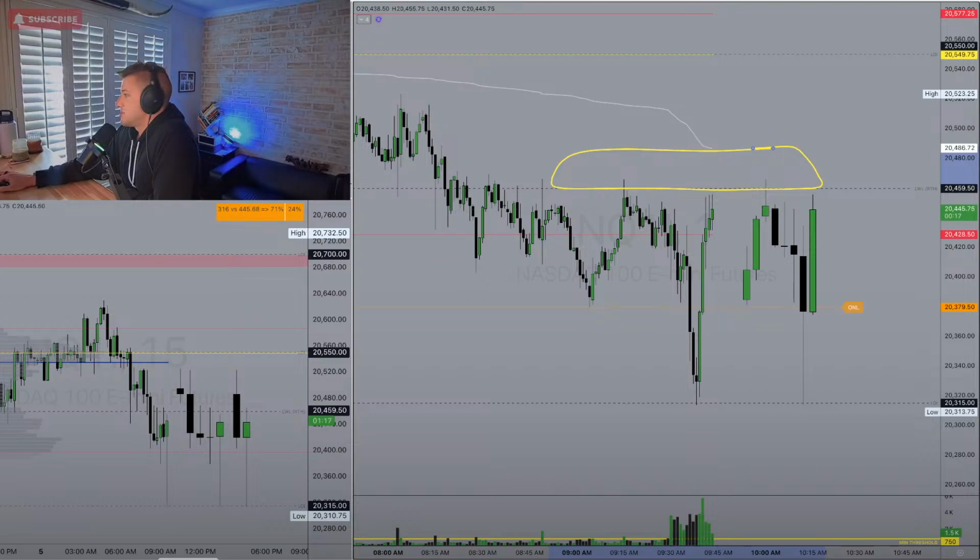All right, I'm all cashed into this data print. 9:45 data, that is the final services PMI.